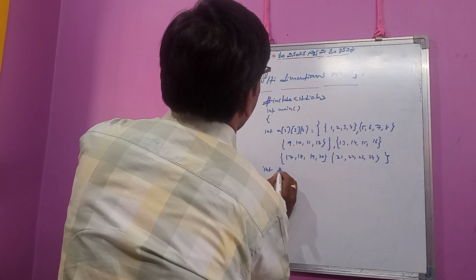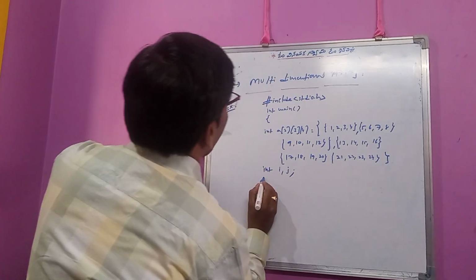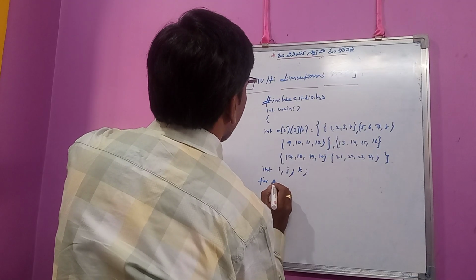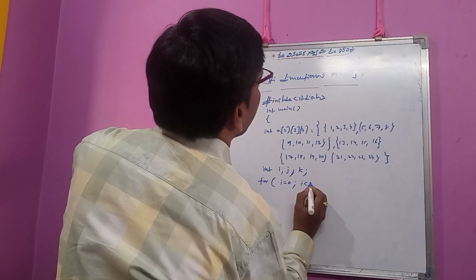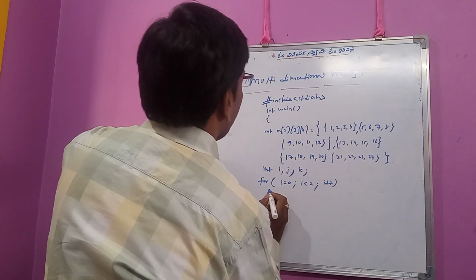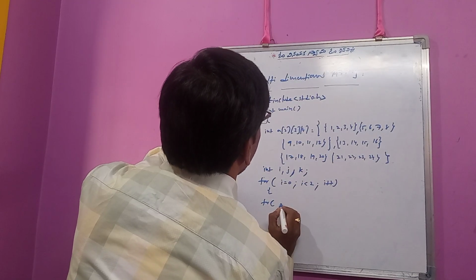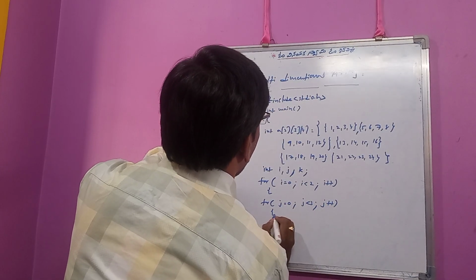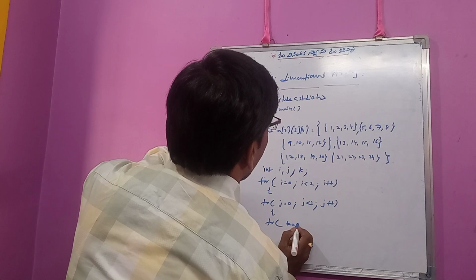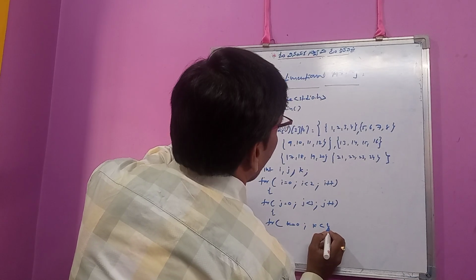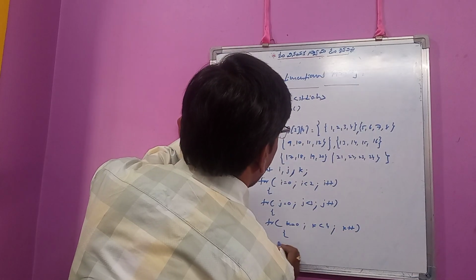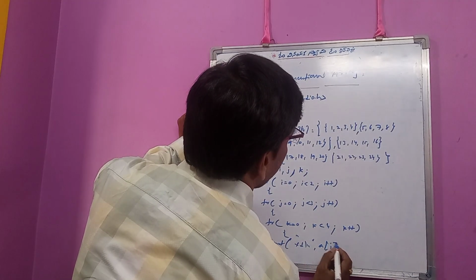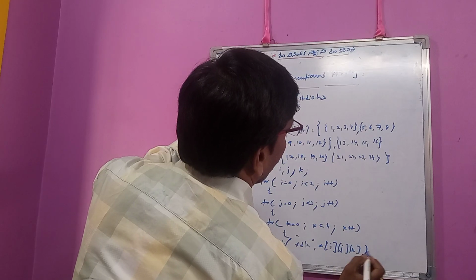Here declare int i, j, k, three variables. for i equal to 0, i less than 2, semicolon, i plus plus, open brace, for j equal to 0, semicolon, j less than 3, j plus plus, open brace, for k equal to 0, k less than 4, k plus plus, open brace, printf percentage d slash n, a of i j k, close semicolon.